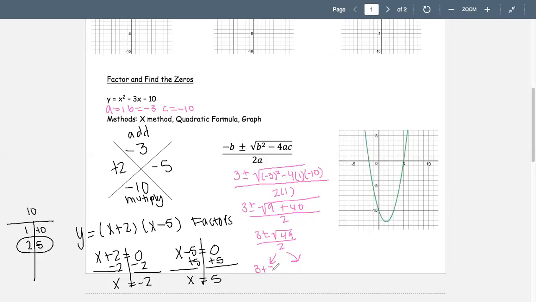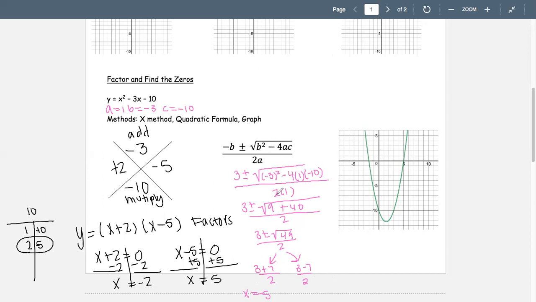So I had 3 plus 7 over 2, and then I had 3 minus 7 over 2. So 3 plus 7 is 10, 10 over 2 would give me 5. Why is the 9 positive? Because -3 times -3 is +9. That's why I have parentheses around this, because if you don't, it's going to say it's -9.